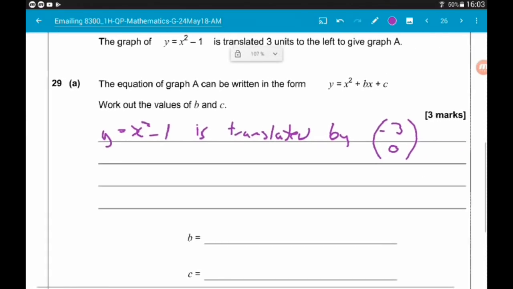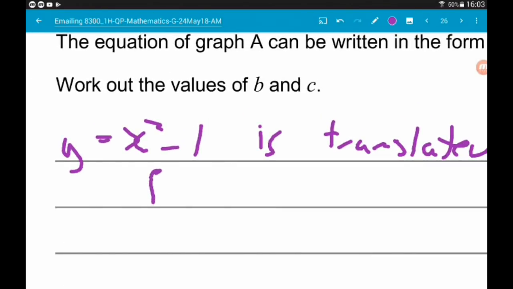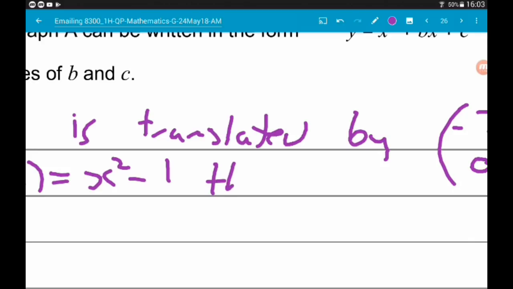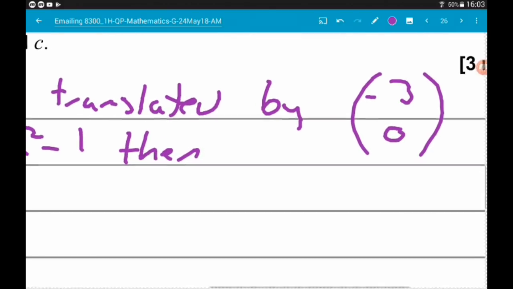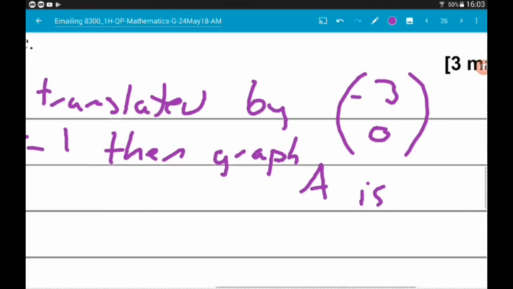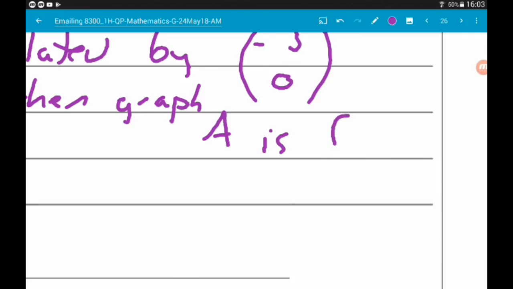Now, if we say that f of x is x squared minus 1, then graph A is f of x plus 3. That gives us our translation 3 places to the left.